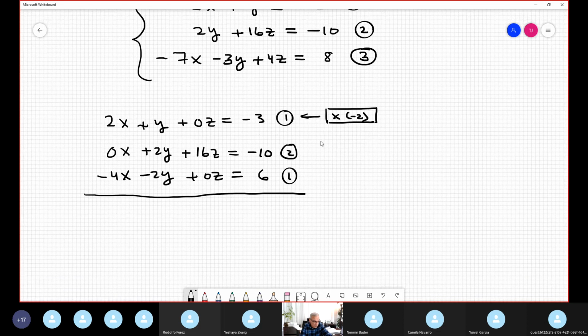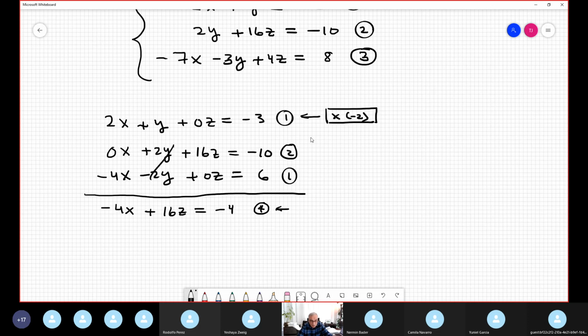When you combine them together, -4x cancels out. Good. This is 16z equal -4. Well, this is equation 4. You can leave it like that, why not? But I saw that the coefficients are 4, 16, and 4, so you can divide by 4.